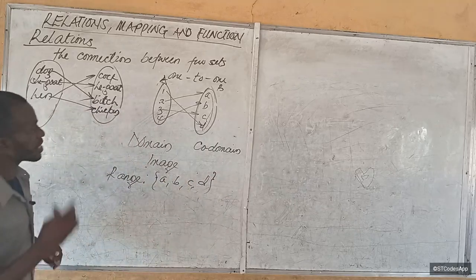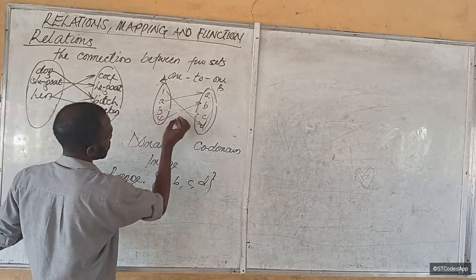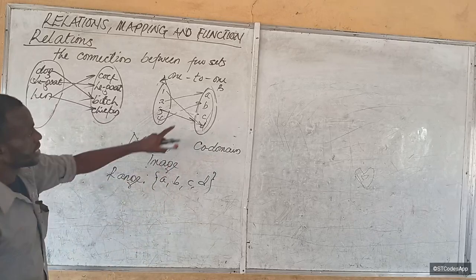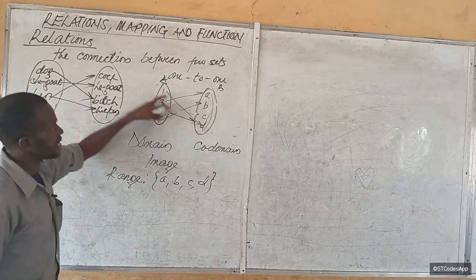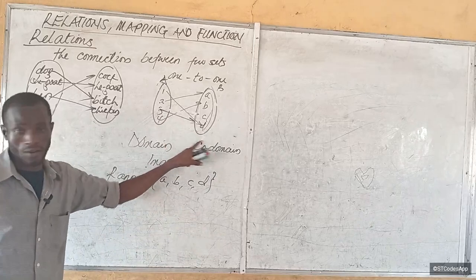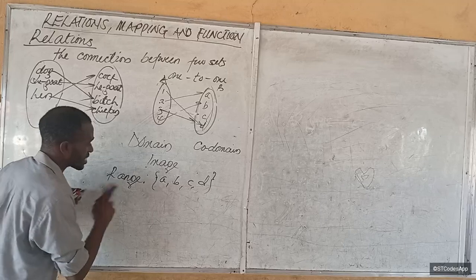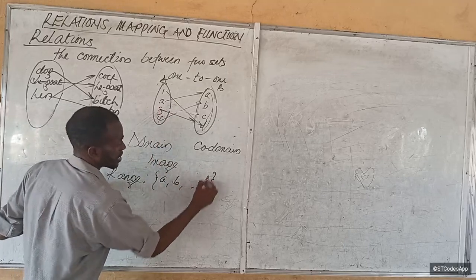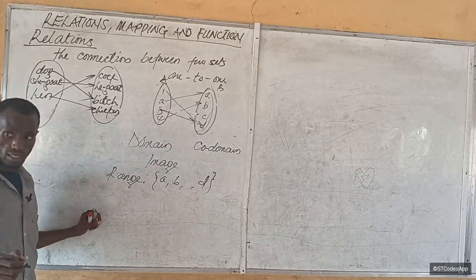But given that, for example, this guy is not matched, and this guy is matched with this guy. So 3 is matched with D, 1 is matched with the same guy D. Is that okay? So in that case, the range will be {A, B} without C and D. Does that make sense? Is it clear?